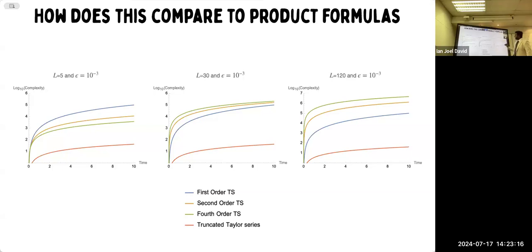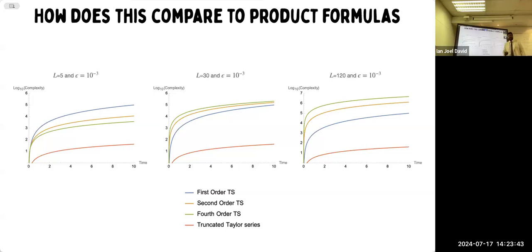So it doesn't matter how much I change this L, it's only governed by the precision and the simulation time, which is linear in the simulation time. And because I'm taking the log, that's why you're seeing this logarithmic curve here. So what this means is that this truncated Taylor series outperforms your standard Trotter product formula, right? And you can see it's not just a small outperforming, it's quite large, okay?